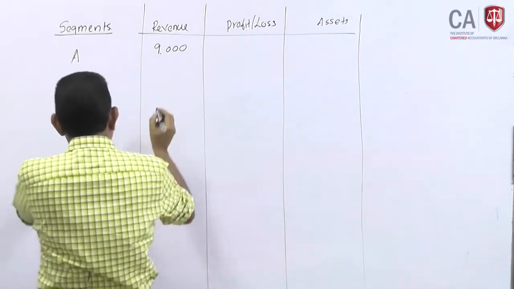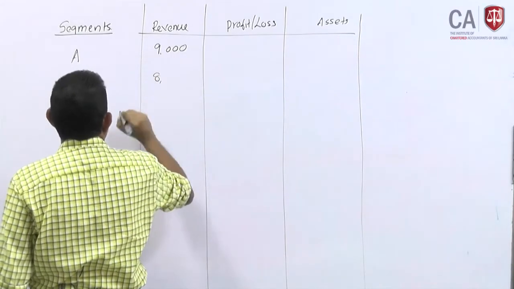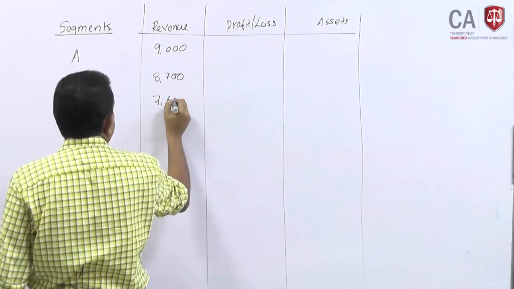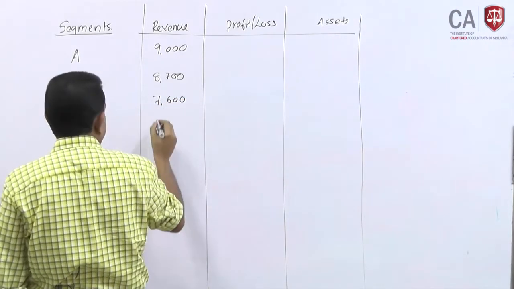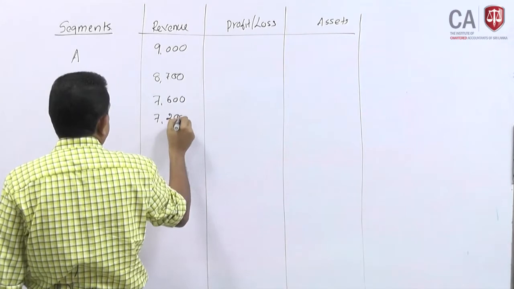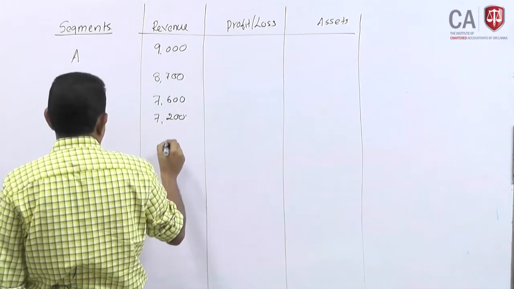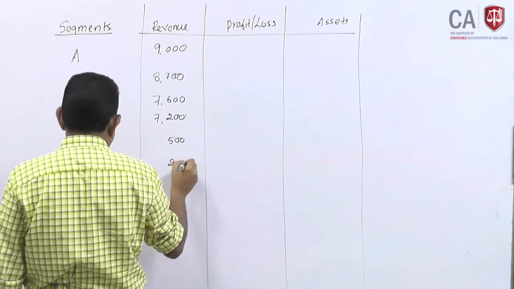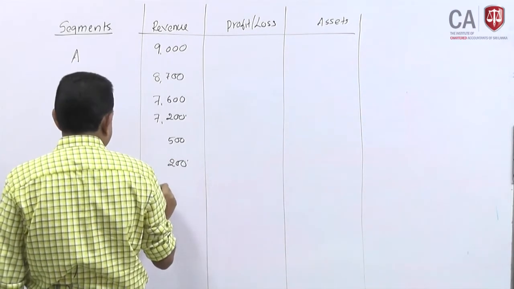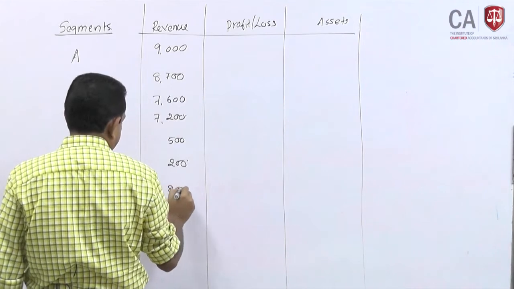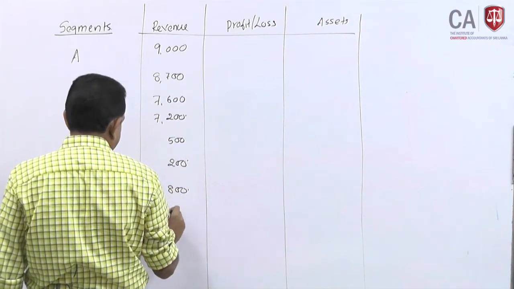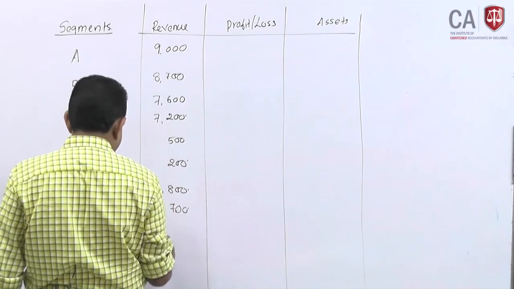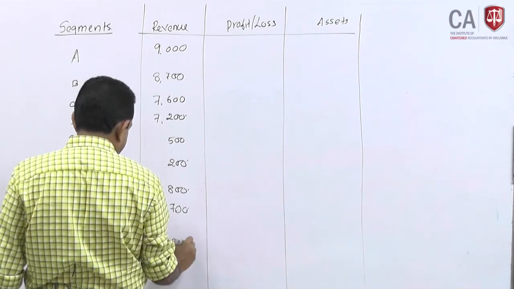This is 9000, this is 8700, 7600, 7200, this is just 500, just 200, this is 6800, 5700, and this is 6900.